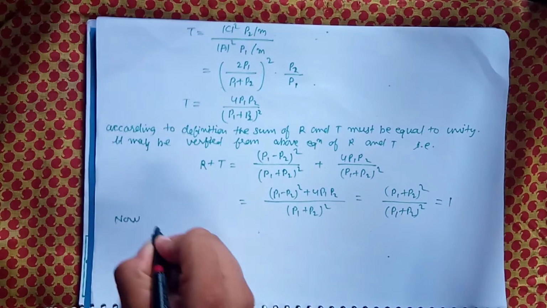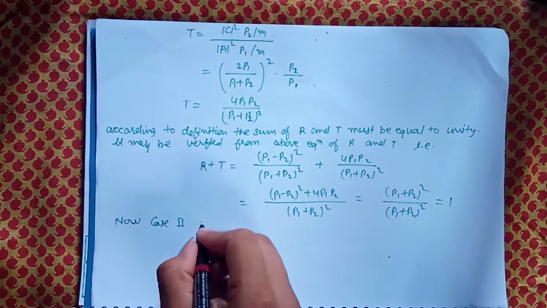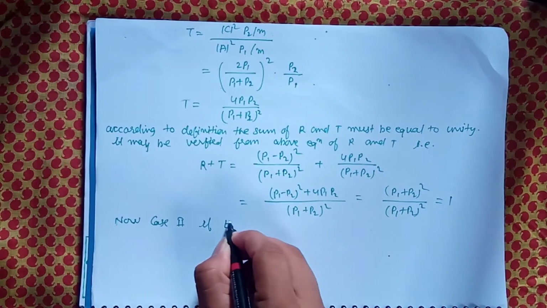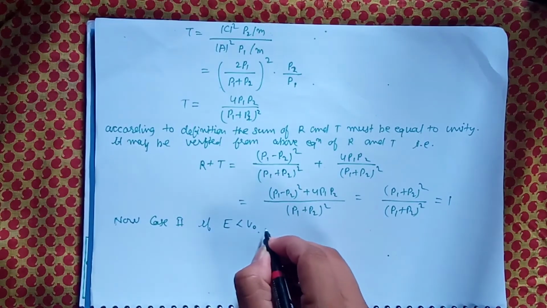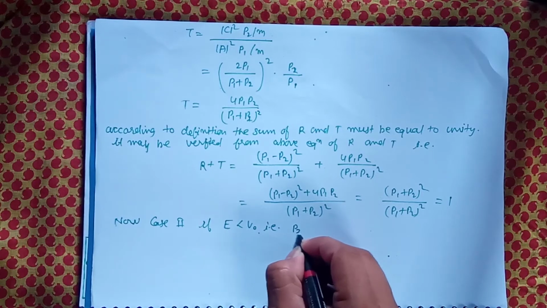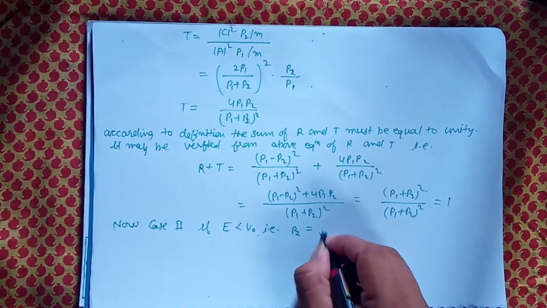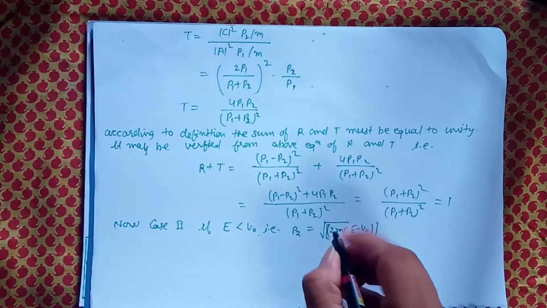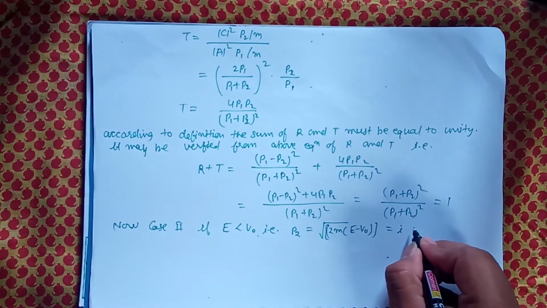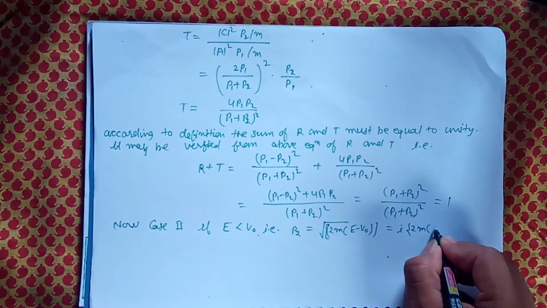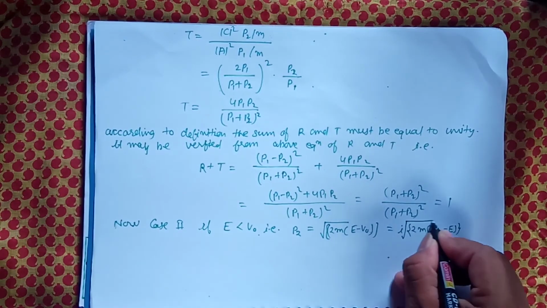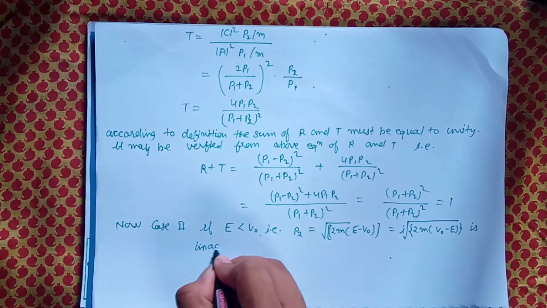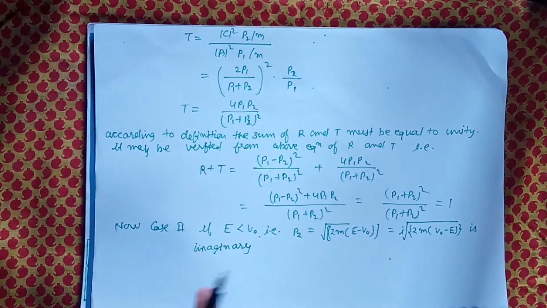Now case second, if E less than V naught, that is P2 is equal to under the root 2 E minus V naught, that is iota under the root 2 (V naught minus E), under the root is imaginary, because V naught is greater.